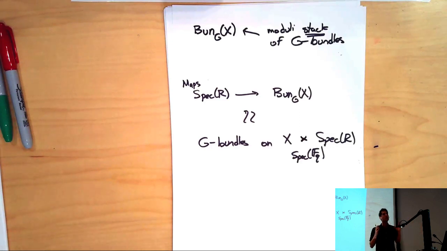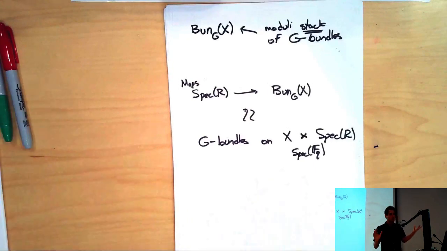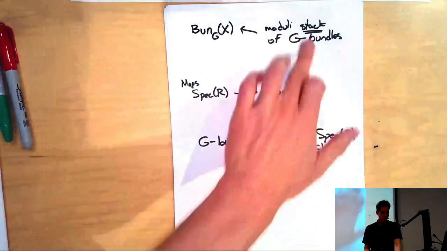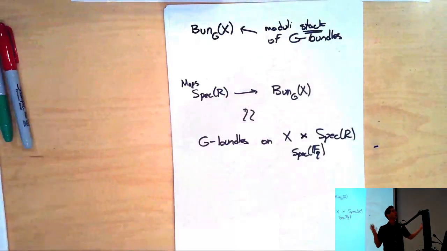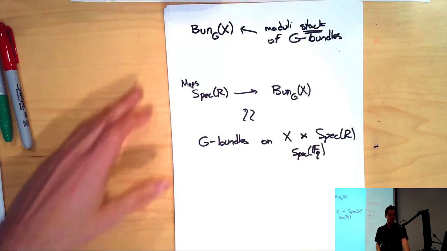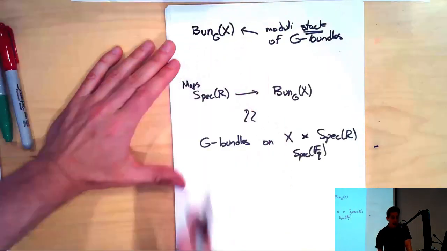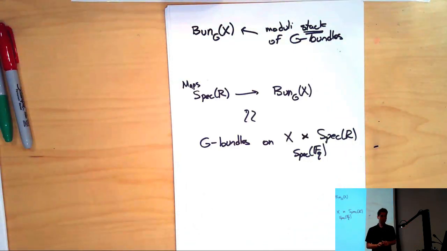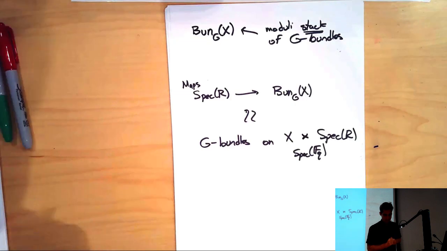We want to know about automorphisms of G-bundles on X. We don't want to just view the G-bundles as forming a set. But if you're not familiar with the language of algebraic stacks, if you imagine every time I write stack, I was writing the word variety, you won't miss too much. This object is not just a stack, it's what's called an algebraic stack, which means that it's not too far from being an algebraic variety.